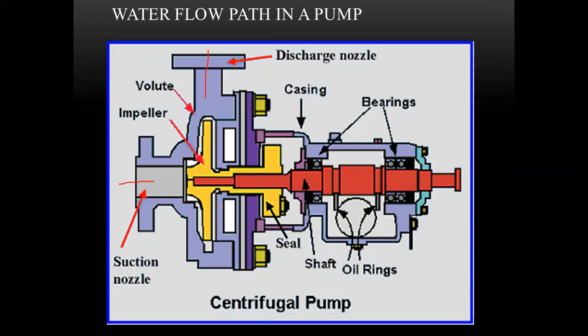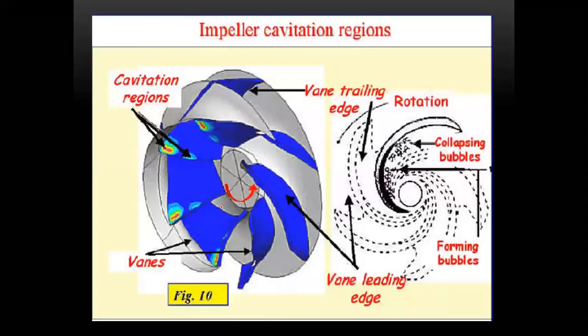Next, if you see the impeller cavitation regions, the 3D figure shows thermal stresses in blue and red color. Cavitation means small holes that occur on the vanes, at the vane trailing edge.